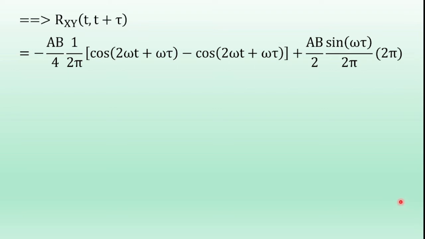So now directly I am writing, after substituting the upper and lower values of theta in the first term: cos of 2 omega t plus omega tau plus 4 pi.